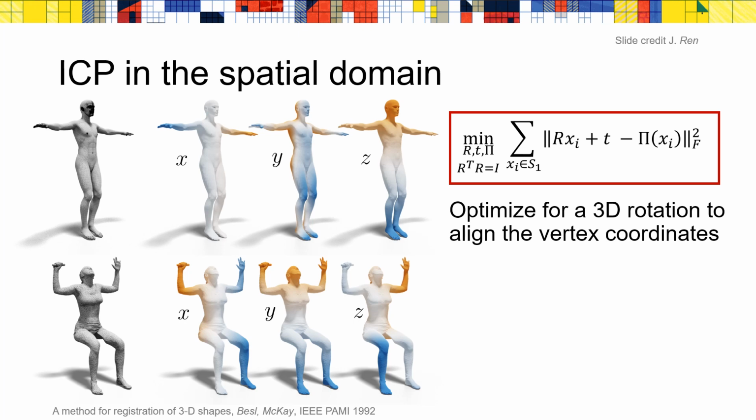So we represent each of the shapes with its 3D embedding, and we look for a rotation that is able to align this representation to the same representation for the second shape with respect to the given correspondence pi.